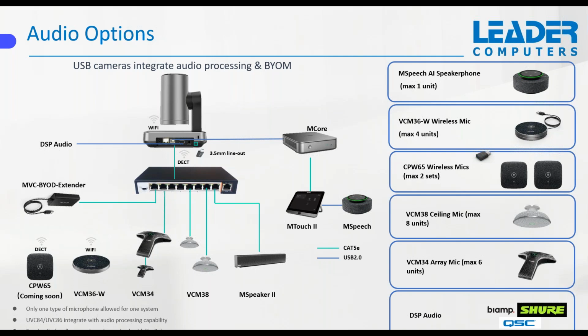The camera has the smarts built in for the audio. So it has built-in echo cancellation, AEC, stuff like that, that handles the audio and the reverb in the room. So once we connect that camera to the MCore via USB, we can then connect all of our audio peripherals to that camera via Ethernet.